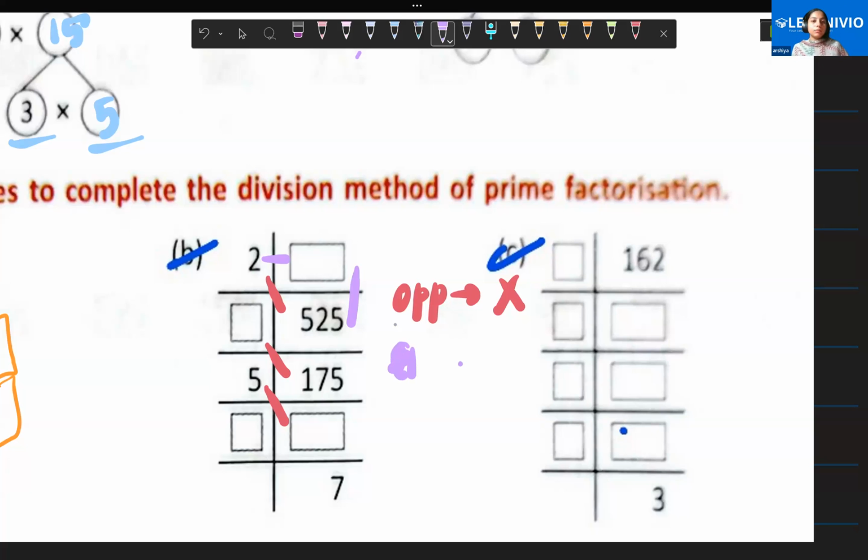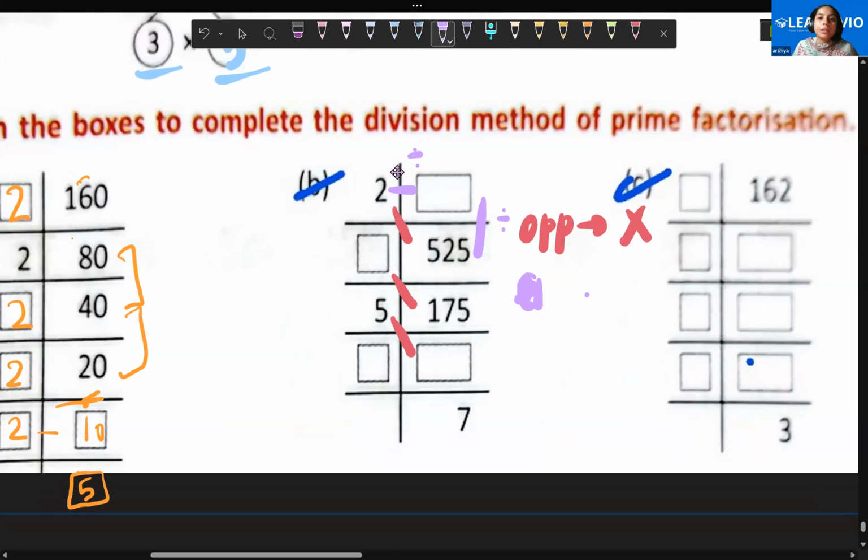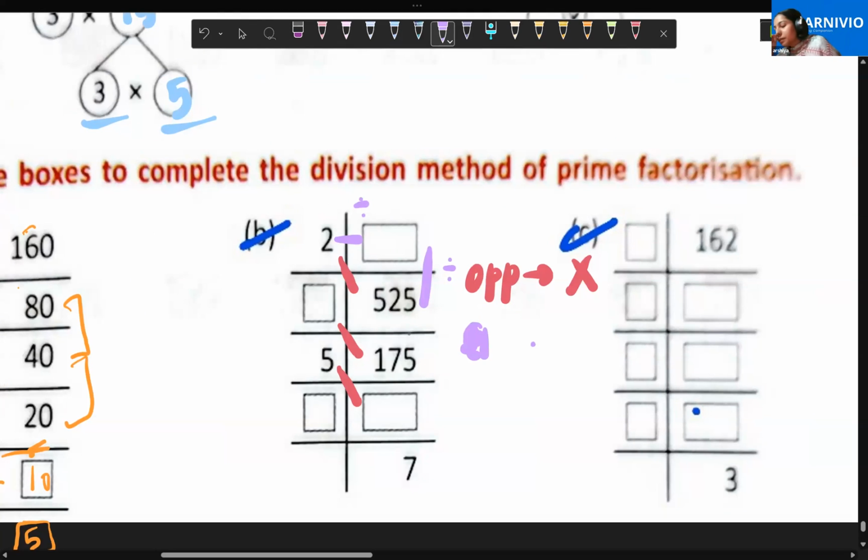Okay? Okay, ma'am. So just remember this and you'll be able to solve it. Okay, ma'am. Done? No. Write it somewhere so you can remember it. Okay, ma'am.